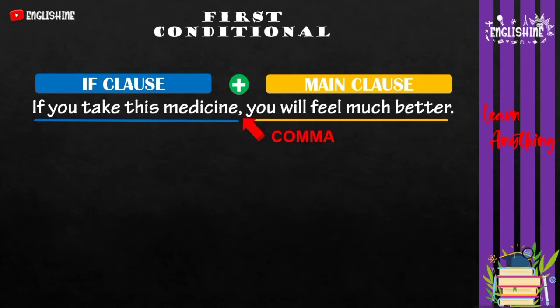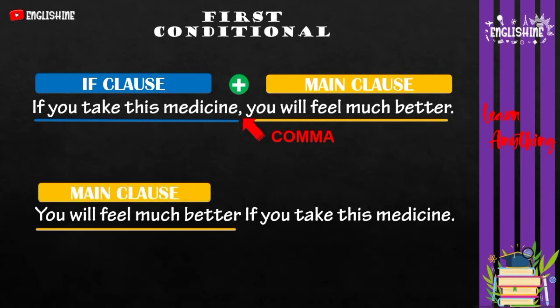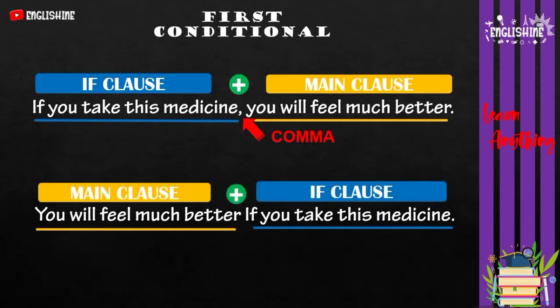This becomes, you will feel much better if you take this medicine. You will feel much better is the main clause. If you take this medicine is the if clause. That sentence is using no comma.